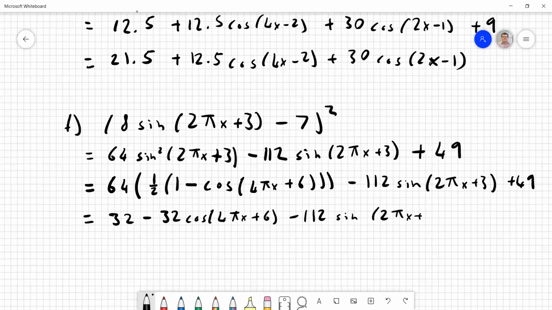Our second last line of working. And then we can combine the numeric terms again, the 32 and the 49, to give us 71. No, 81.